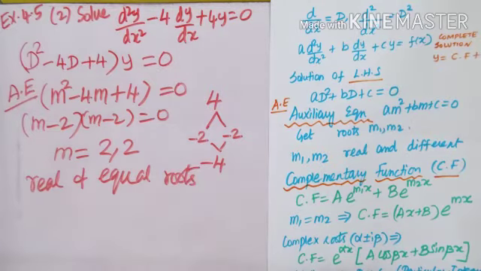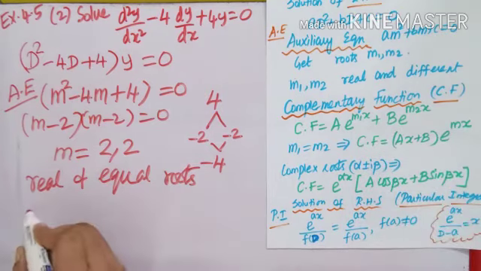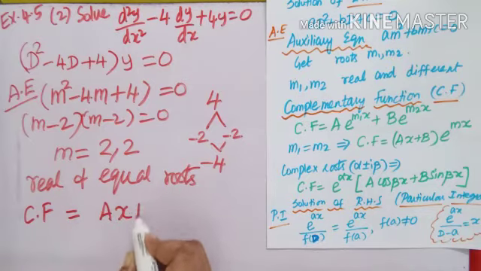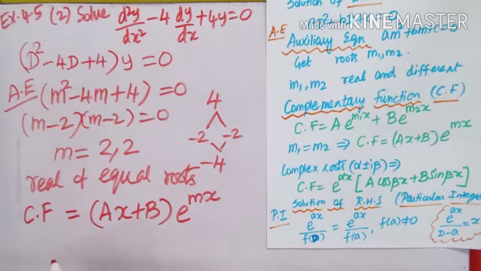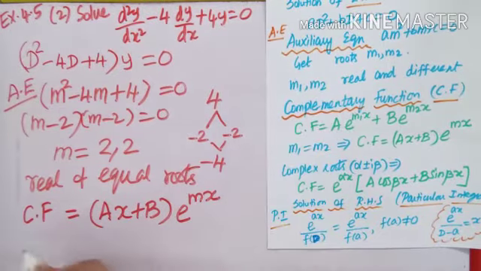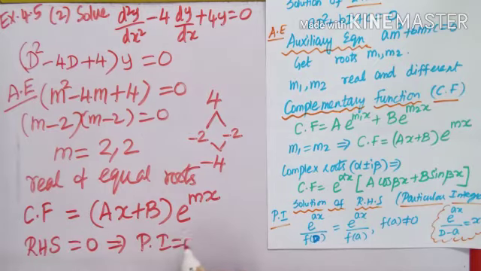So we remember the formula. When the roots are real and equal, the complementary function is (ax plus b) e power mx. Here m is 2. And RHS 0 implies the particular integral is 0.